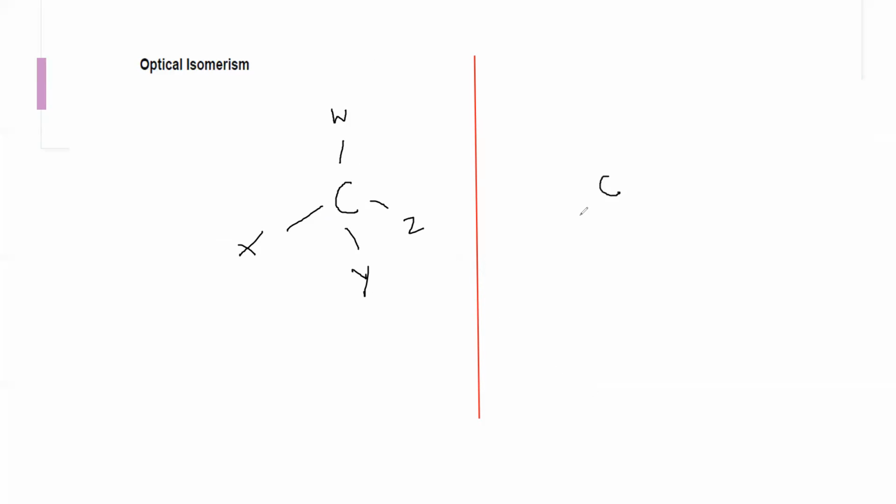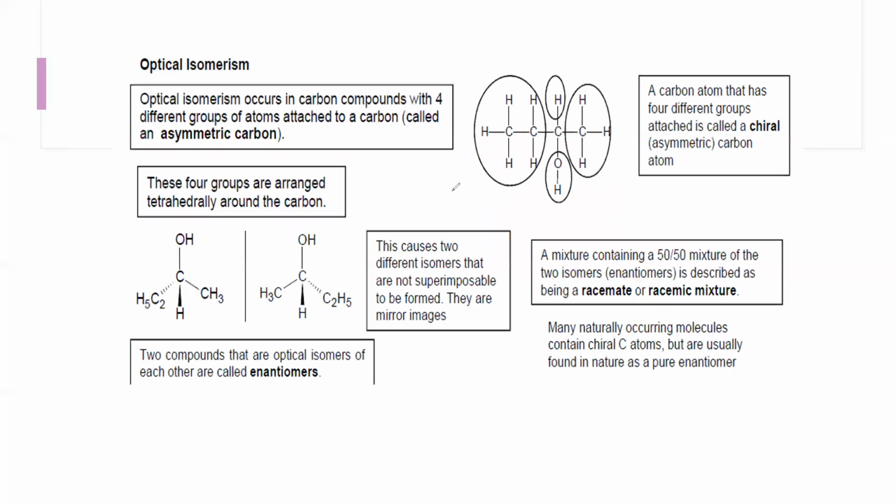So this will be C, with Z here, then Y, X, and W. These two are optical isomers of each other. The optical isomers cannot overlap on each other. If I move this and try to overlap, I cannot. So for a compound to have an optical isomer, the carbon should have four different functional groups.